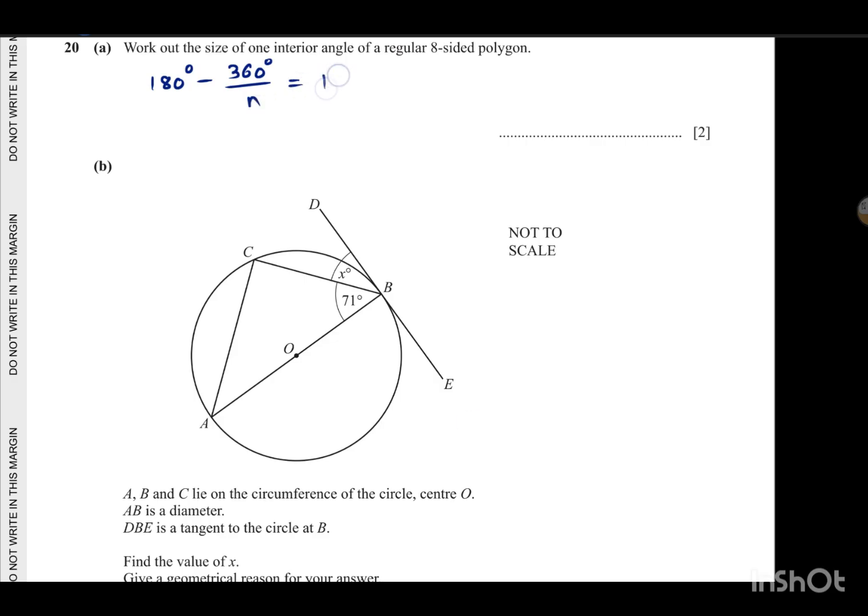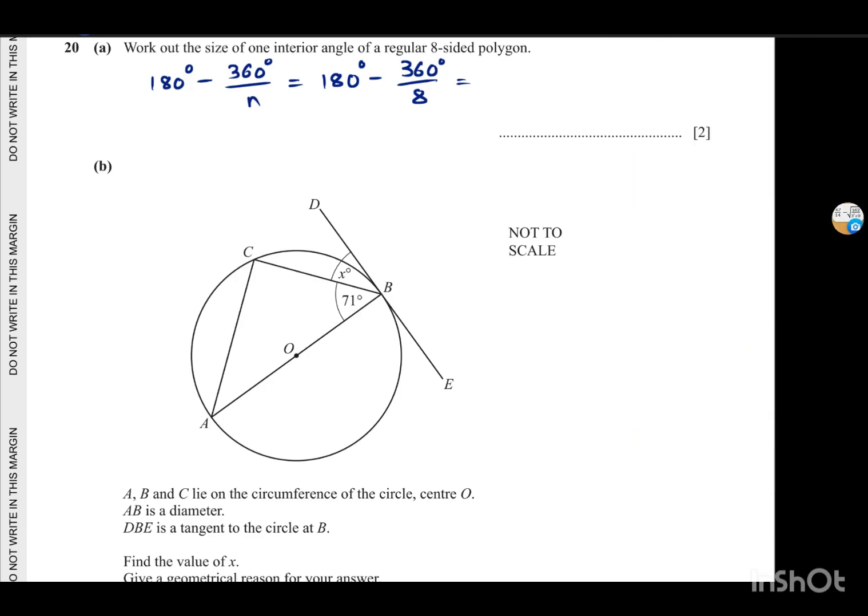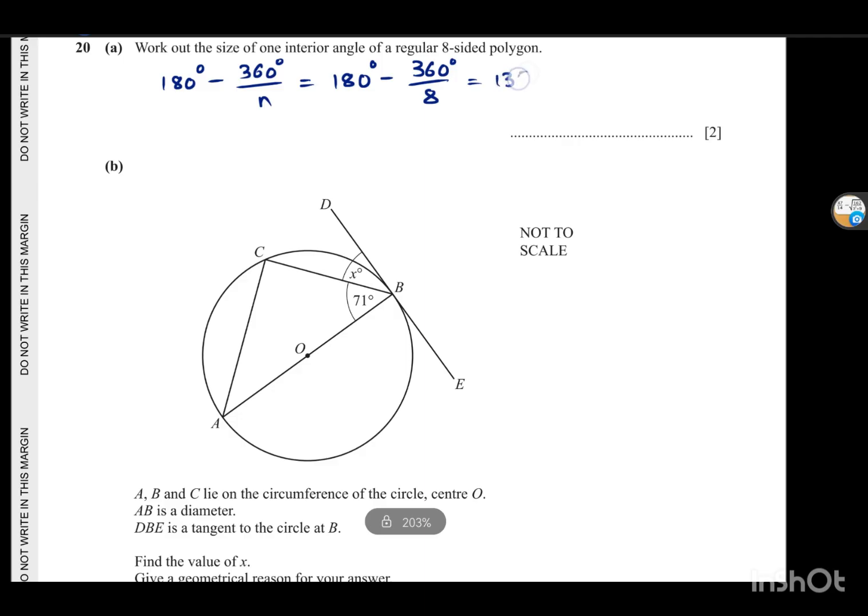So just use this rule: 180 minus 360 by 8, the number of sides. 180 minus 360 by 8 is equal to 135. So the interior angle value is 135 degrees.